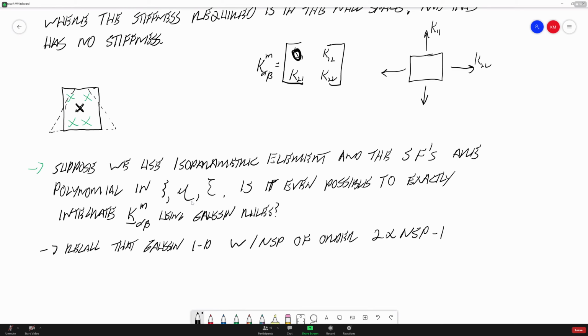I don't know if we wrote it out exactly that, but kind of indicated that. And the Gaussian only integrates polynomials.